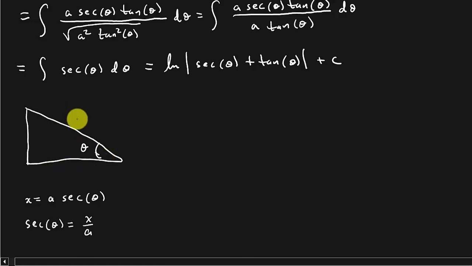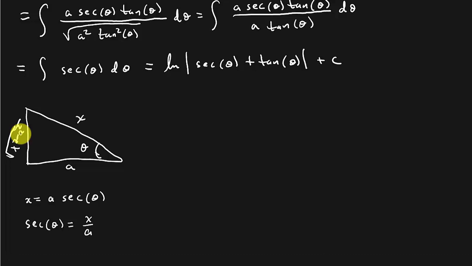So secant is hypotenuse over adjacent. So that's x and a. And then by the Pythagorean Theorem, this is the square root of x squared minus a squared. Okay.